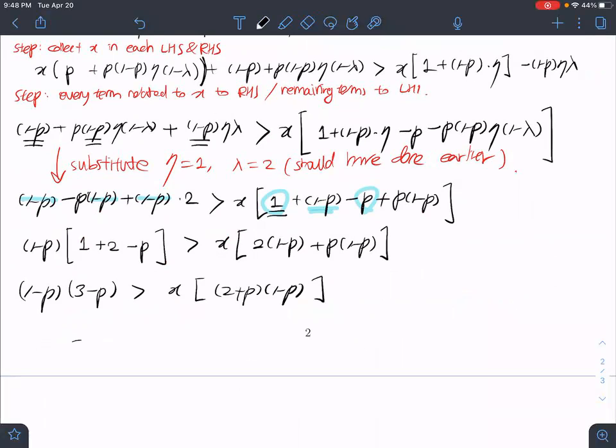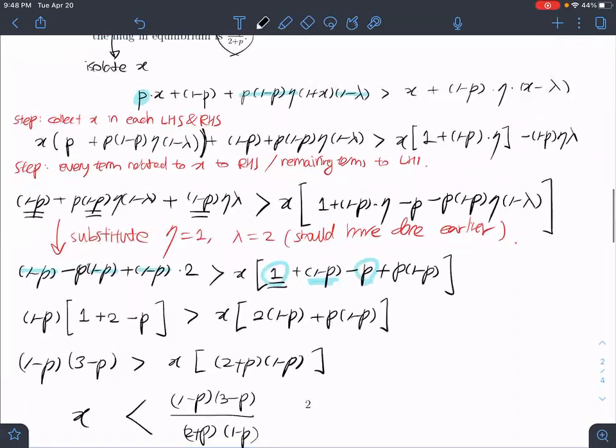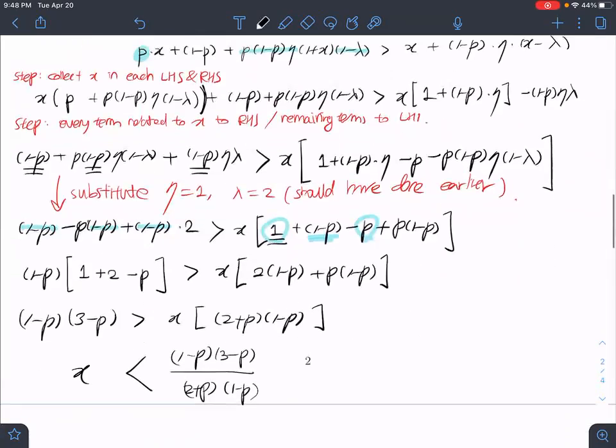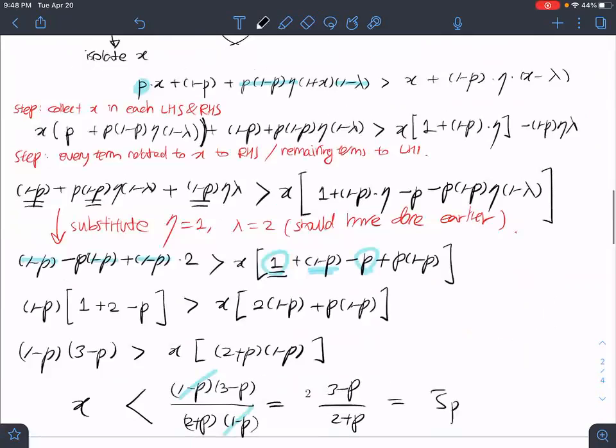So x should be, let me reverse the inequality, so x comes here: (1 minus p)(3 minus p) over (2 plus p)(1 minus p). Is it correct? And then finally, we can cancel out 1 minus p because it is common at the numerator and denominator. So this is (3 minus p) over (2 plus p). This is what the question called S bar p.